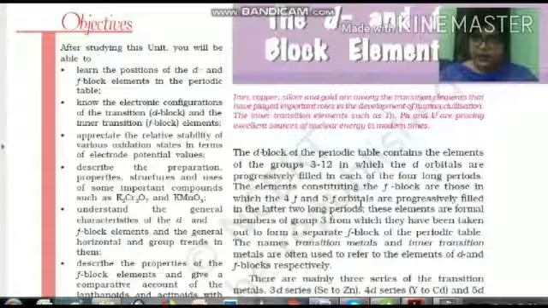They are separated out to form the F block of the periodic table that you have seen at the bottom of the periodic table. The D block elements are called transition metals and the F block elements are called inner transition metals.